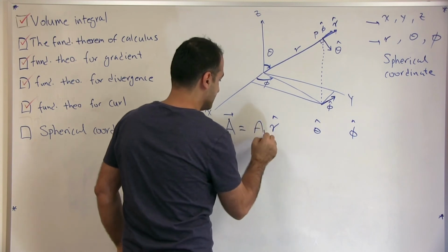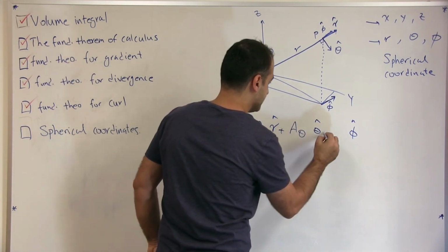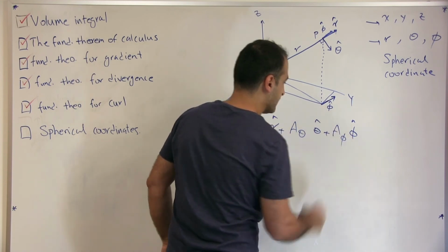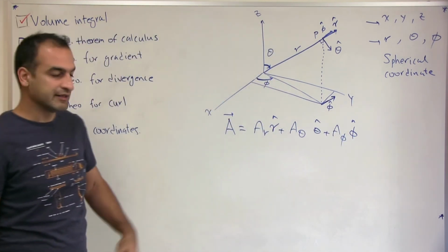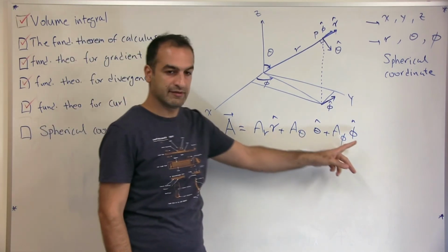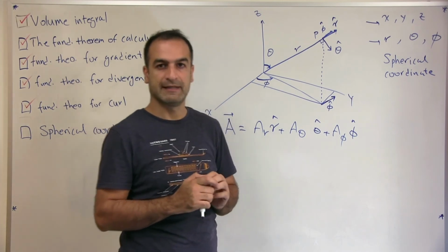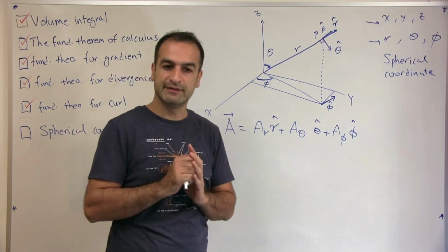So there's going to be an r component, a theta component, and a phi component. We can write any vector in this format because r hat, theta hat, and phi hat are a set of orthogonal unit vectors. Okay, so far so good?